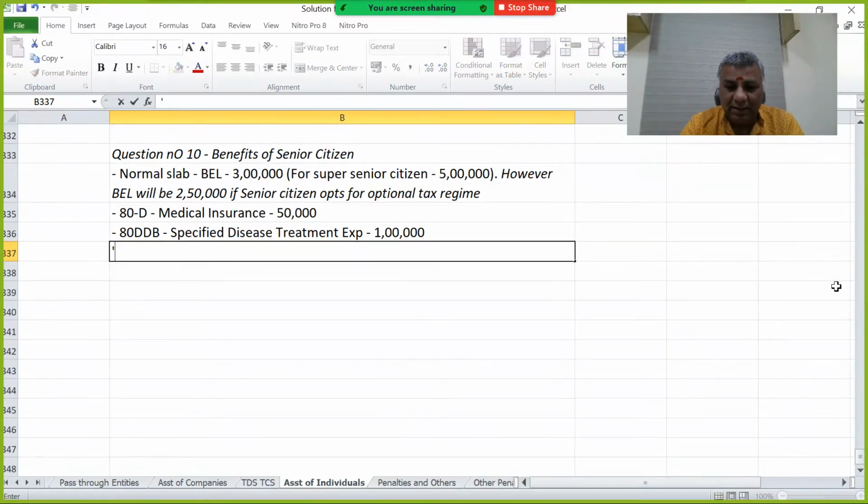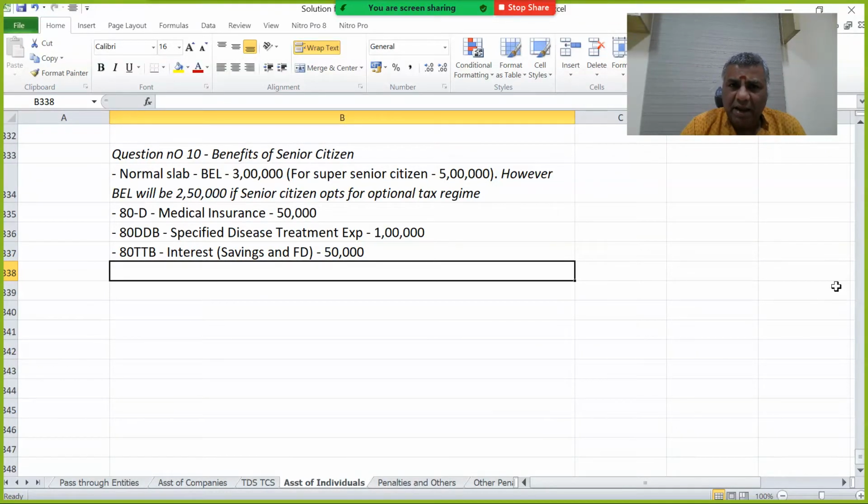Then comes 80TTB: interest, both savings and FD. Here I am getting 50,000 as a benefit.